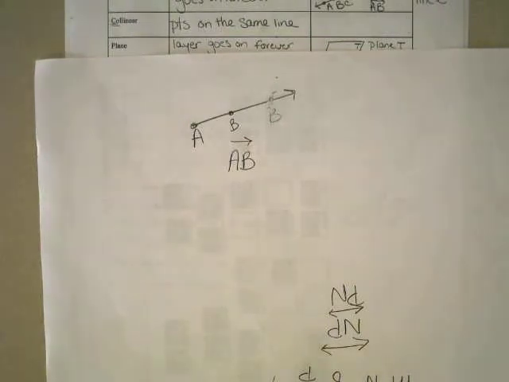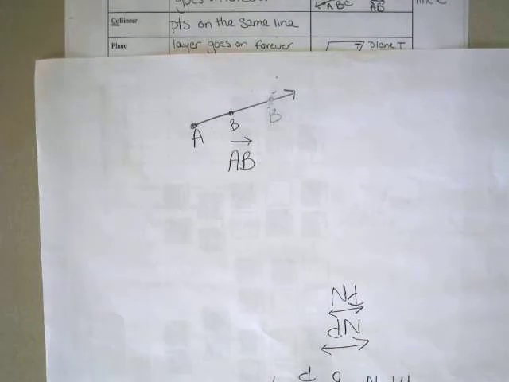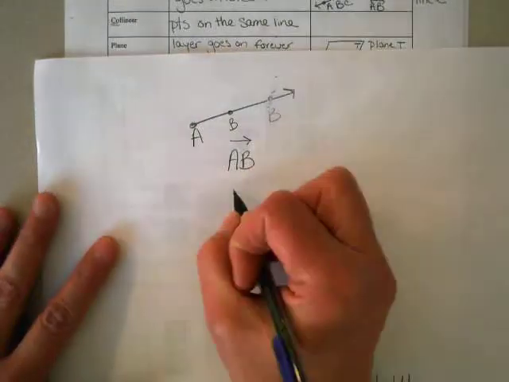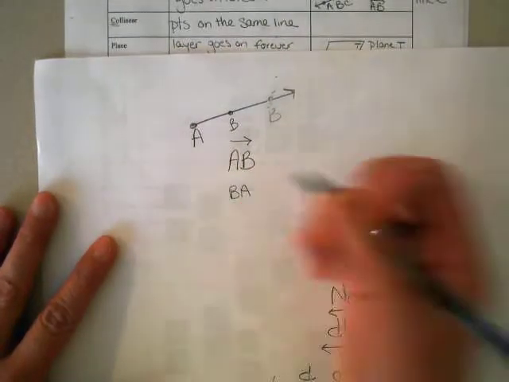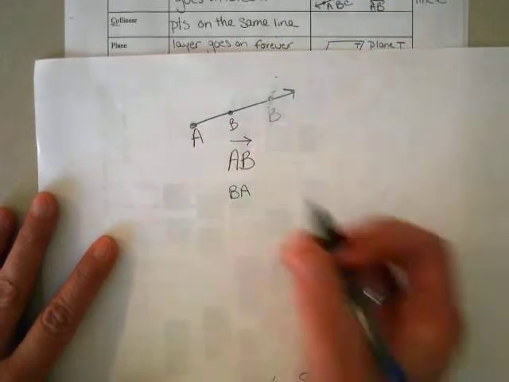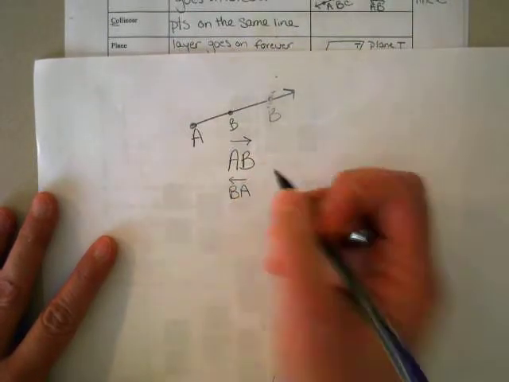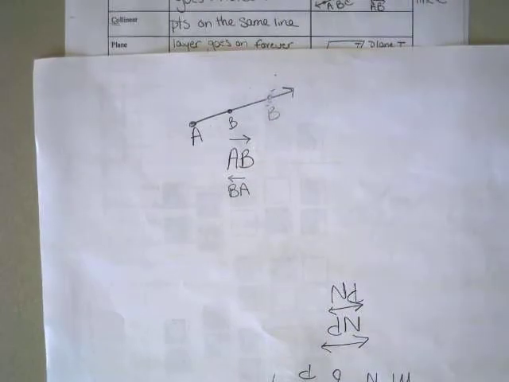I'm pointing up to the northeast corner. That's important, but not necessarily where the second point is, okay? The other thing is you could reverse your letters like this, but then you would have to reverse your symbol. That is the same ray.